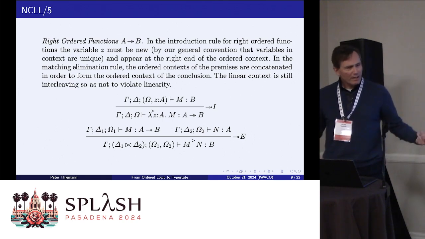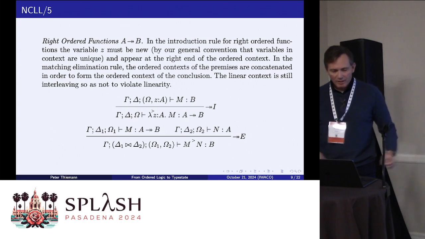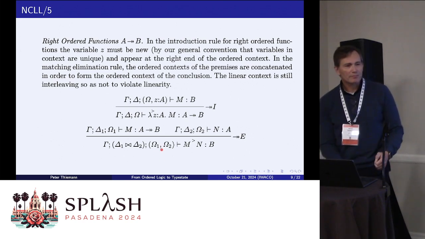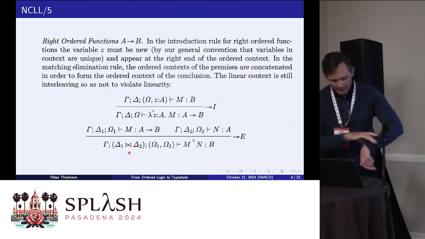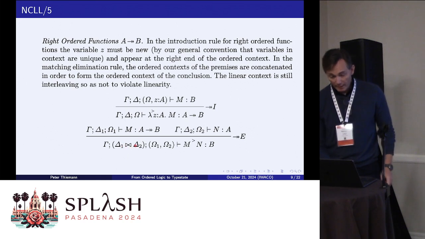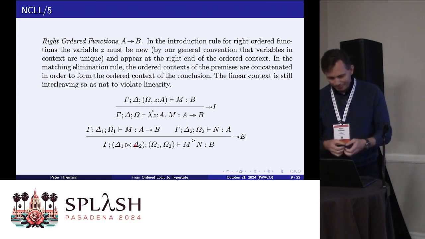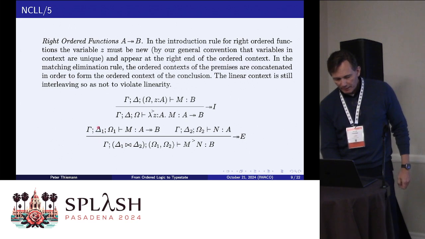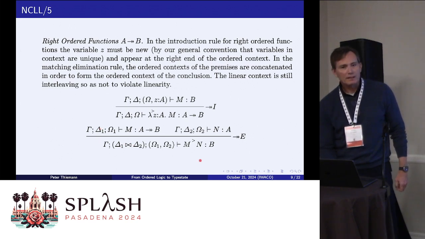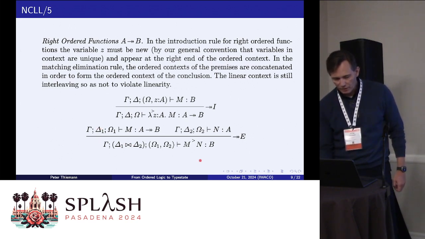Now I don't have to show you the left-ordered functions because you just swap this around. So you can imagine all that. By the way, just to not leave that unexplained, that's the usual kind of distribution operator for linear contexts, which just interleaves assumptions from delta 1 and delta 2 without duplication and so on.